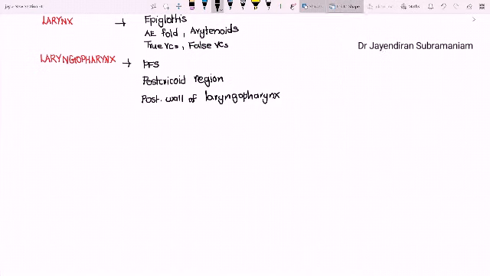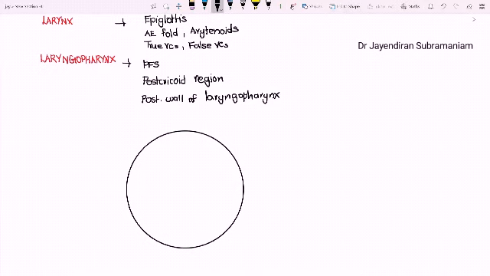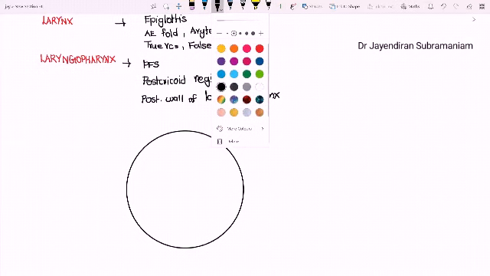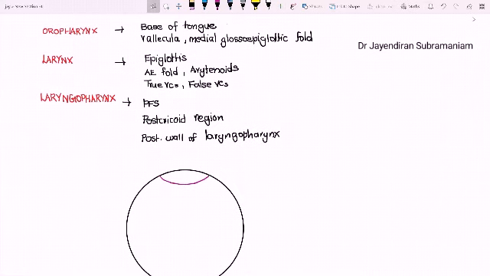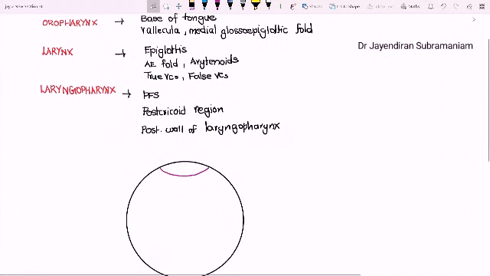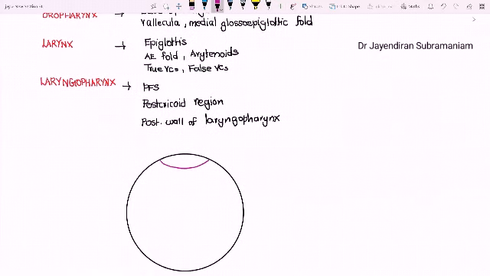First, we will see the base of tongue. Then next comes what? After base of tongue, we have median glossoepiglottic fold.